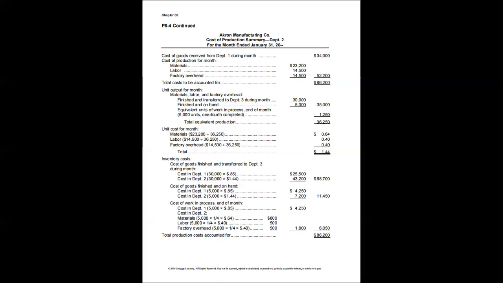So we have now the ending inventory of 5,000 units, the cost in Department 1, and we have this cost in Department 2 with the prevailing unit cost of 0.64, 0.40 for labor and for factory overhead.